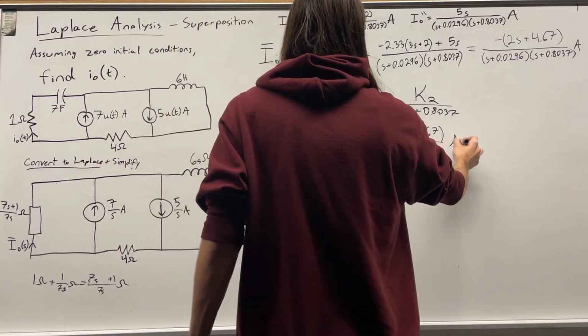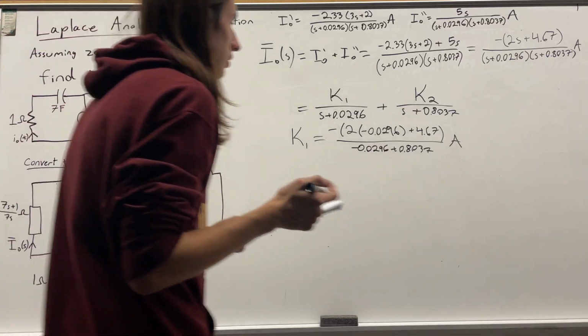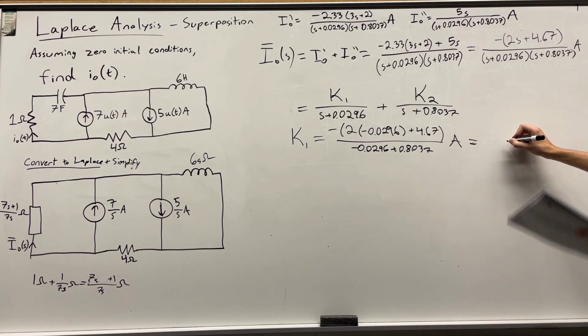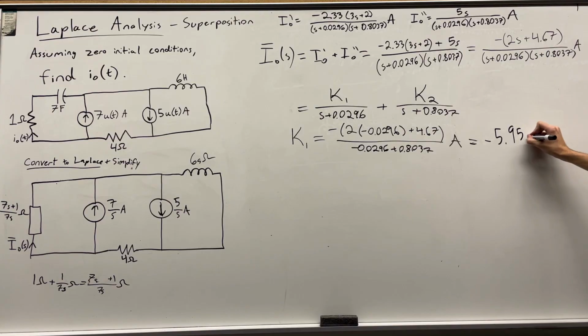That's in amps. And then solving that just comes out to be negative 5.956 amps.